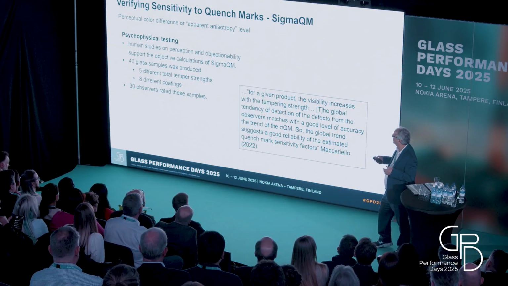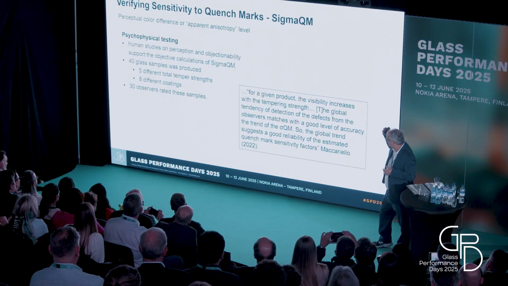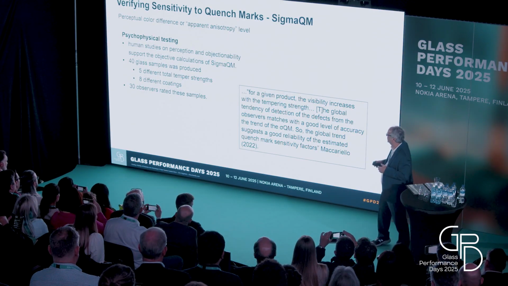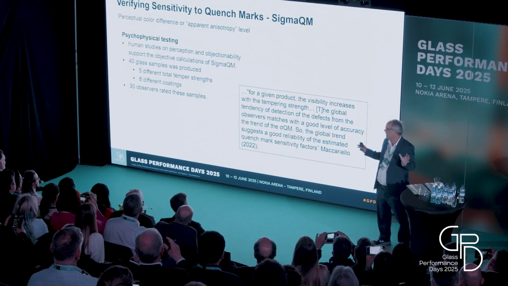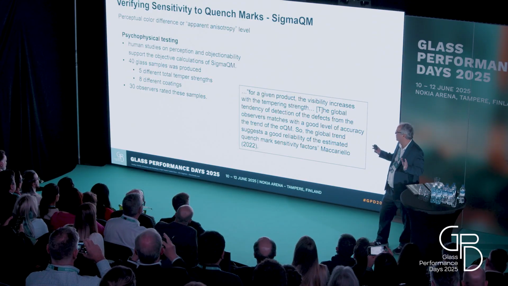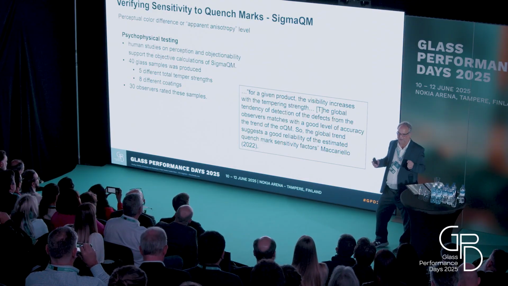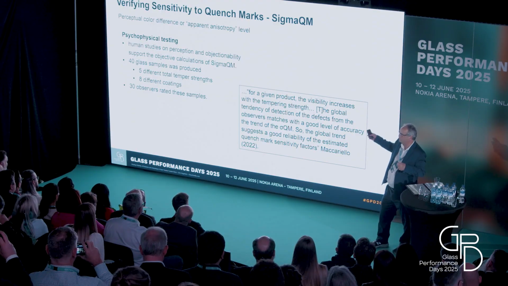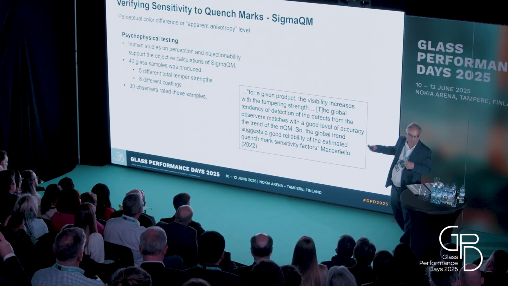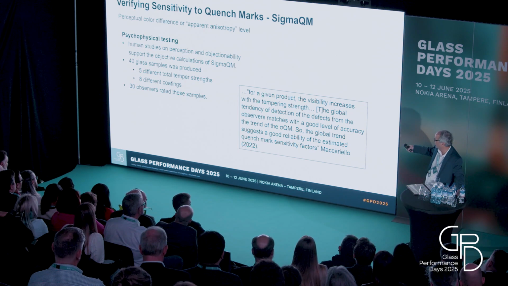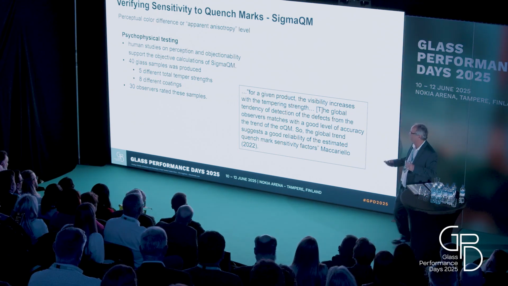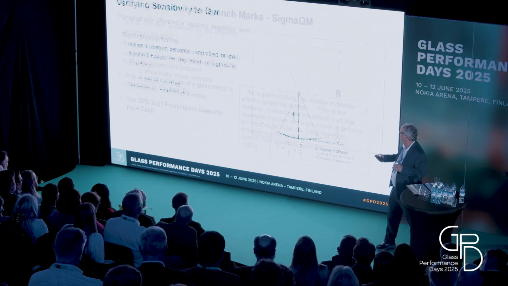But the interesting part is there was a significant amount of what we call psychophysical testing, where they took 40 glass samples at different levels of tempering strengths and 8 different coatings, and they were able to verify that this theoretical analytical model of predicting the visibility of the coatings matched well with observations made by humans.